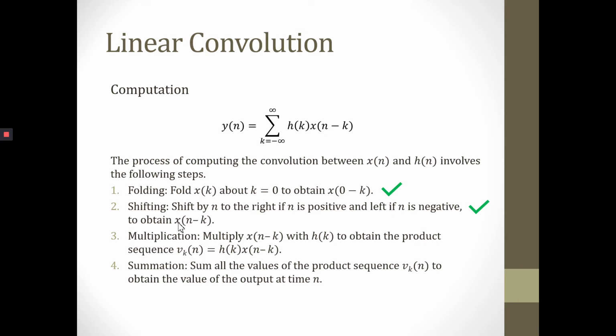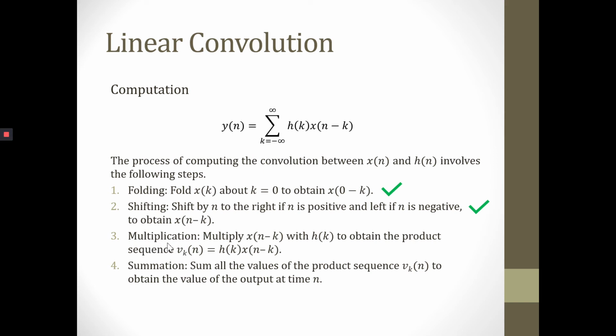And we shift by n to the left if n is negative. For example, this is -1, so we shift signal x to the left by 1.